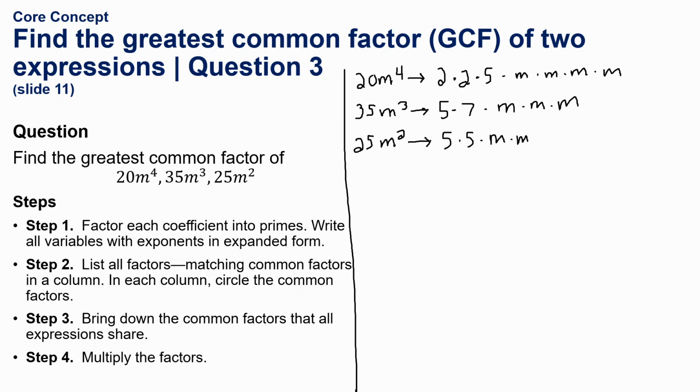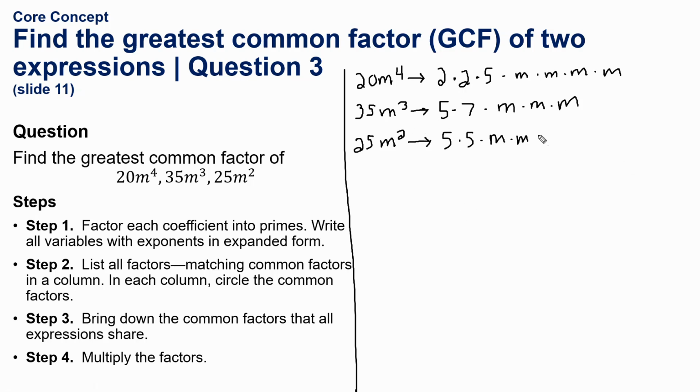We need to then find what our common factors are. Now, what's interesting about this, common means they have to appear in all the lists, right? So it can't just appear in 2 of them. So if I first look at 20, it has 2 and 2. Well, 2 does not appear in 35 and 25. So there are no 2's that you're going to bring down.